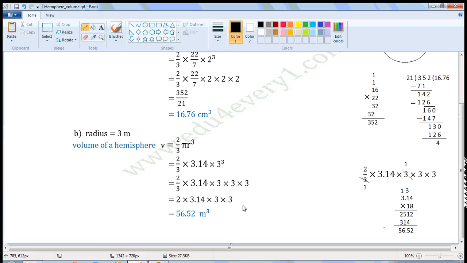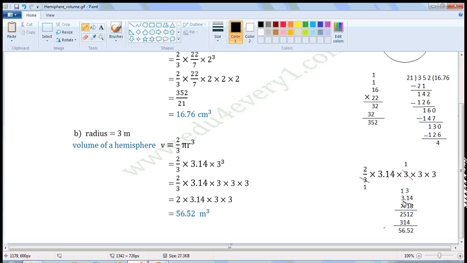So let us multiply 3.14 and 18 in the rough work. Ignore the decimal point and multiply. 8 into 4 is 32, so write 3 here, 2 here. 8 into 1 is 8, 8 plus 3 is 11, so write 1 here, 1 here.